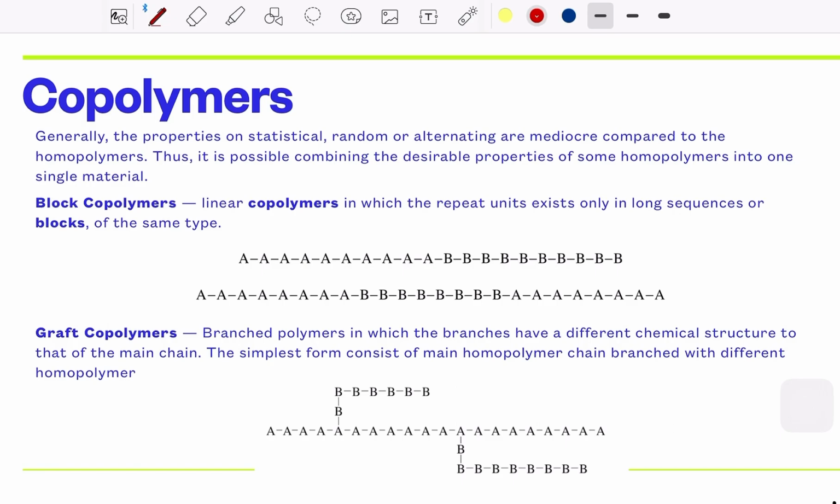So for example, you have a homopolymer like that. Well, maybe let's say it has good property for maybe just take some stronger than most polymer. And you have maybe B.